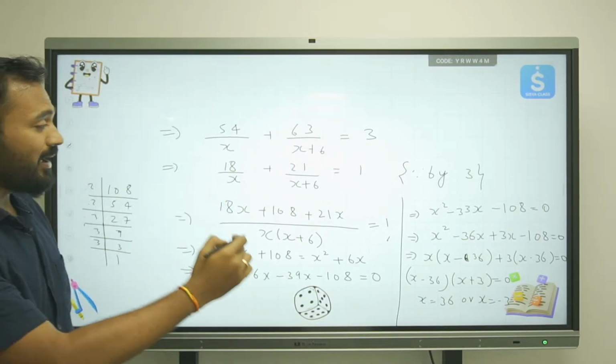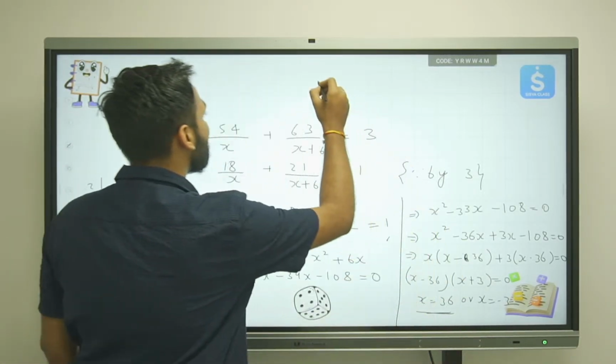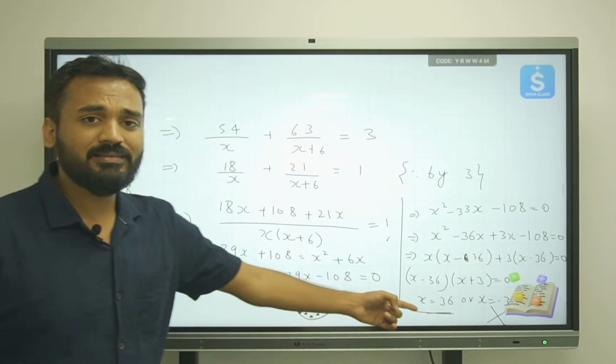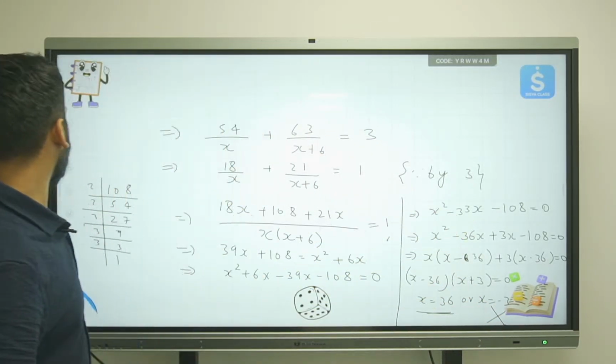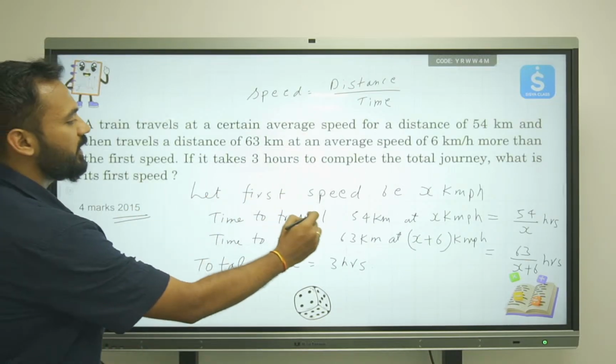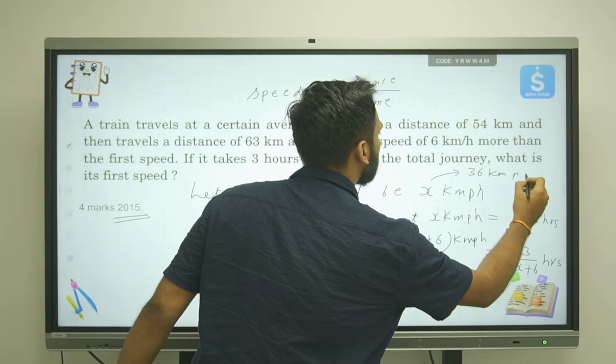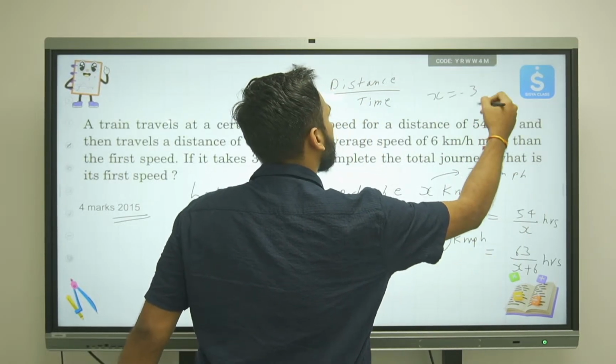That is why our answer will be 36. We neglect x equals minus 3. Therefore, the first speed will come out to be 36 km per hour.